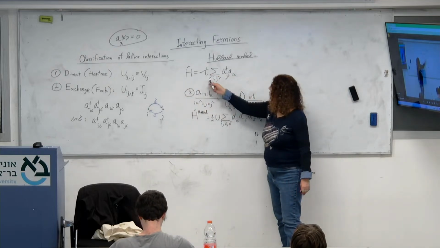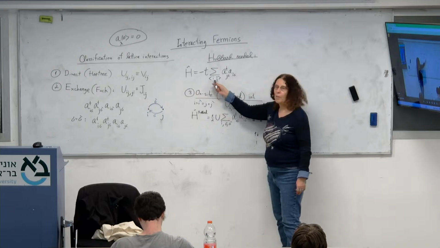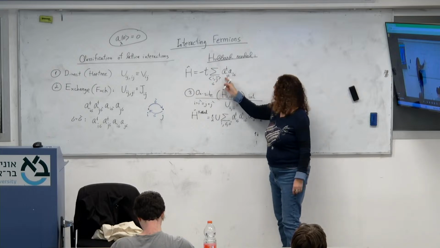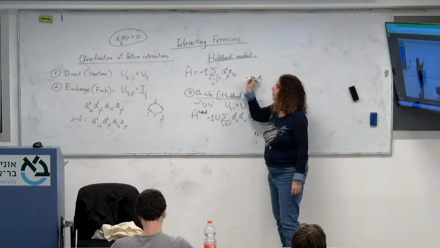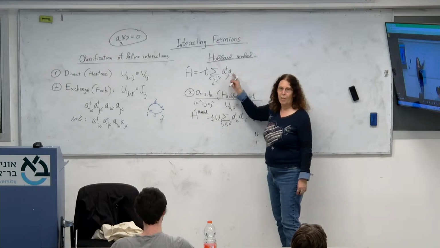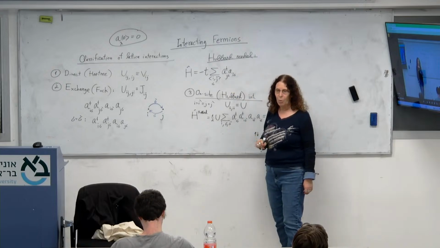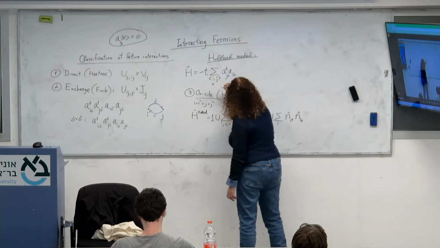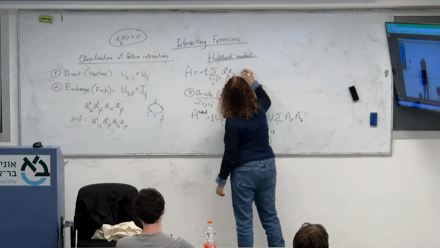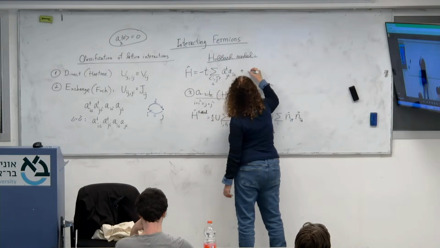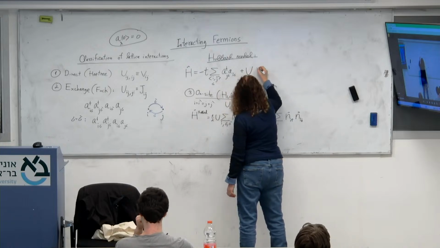Notice that when I write it like this and I'm summing over all the nearest neighbors, I don't need to add a Hermitian conjugate because j and i are just dummy indices. So this is a hopping term plus the Hubbard interaction.